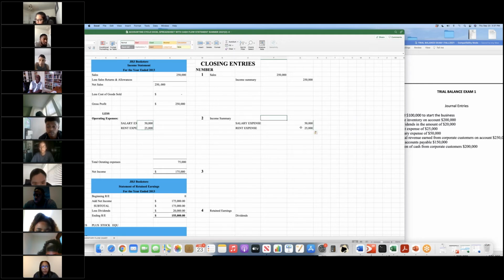And so debit has got to equal the credit, so the debit to income summary has to be 75,000. Now, every company in the world does this. Large, small, Microsoft, mom and pop. Every company in the world does what we're doing now: journal entries, trial balance, financial statements, then they close out the old year.